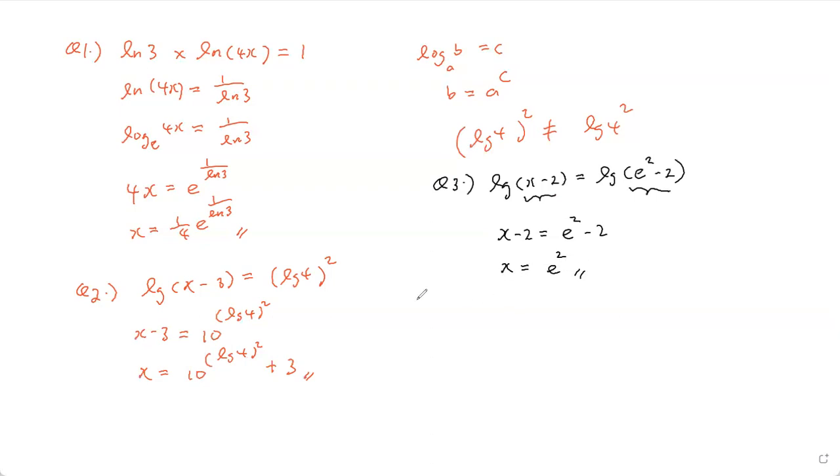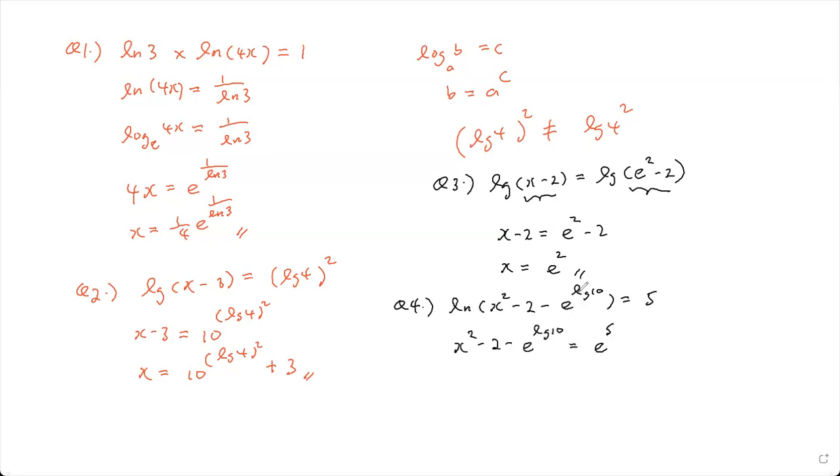Okay, so let's move on to the last question of today's exercise, question 4. Okay, so again, ln is log base e, so ln of x squared minus 2 minus e to the power of lg 10 is e to the power of 5.